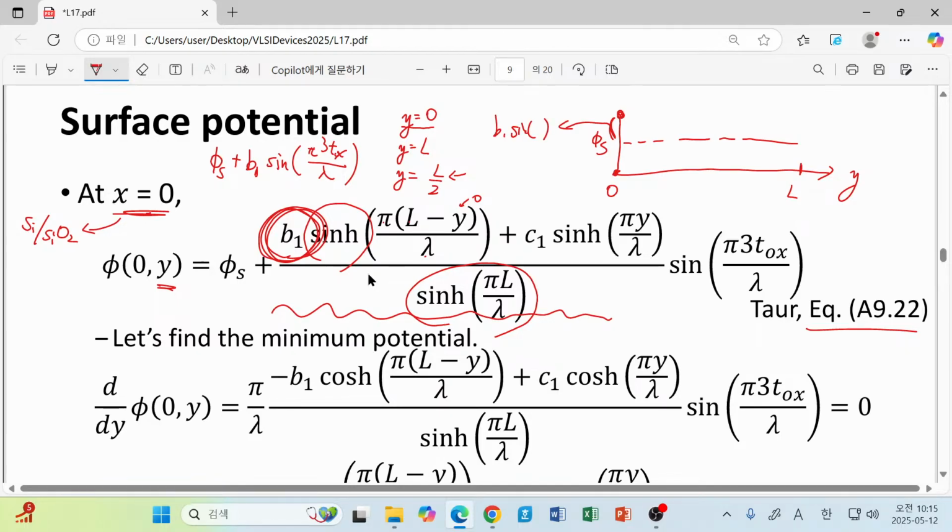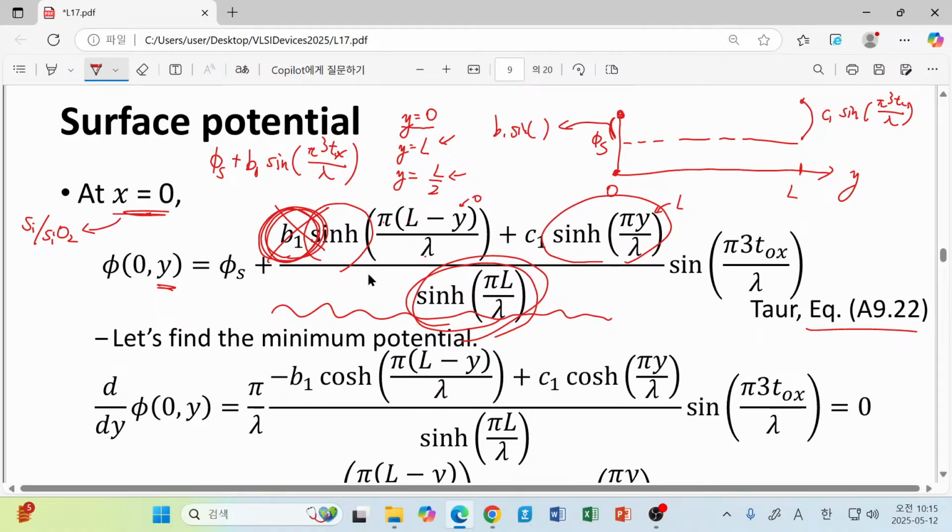And please go to the y equal to L case. In this y equal to L case, actually B1 doesn't contribute any further, and at y equal to L, this C1 contribution is cancelled out, this lower part. So we will have simply the value C1 sine pi over 3 t ox lambda. We will have this value.